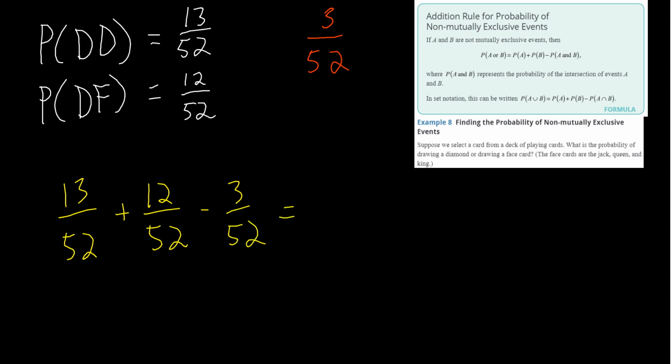And then we do the arithmetic. 13 plus 12 is 25. 25 minus 3 is 22. So we have 22 out of 52. And of course, we can reduce that to 11 out of 26. Okay, so there's an 11 in 26 chance of drawing either a diamond or a face card.